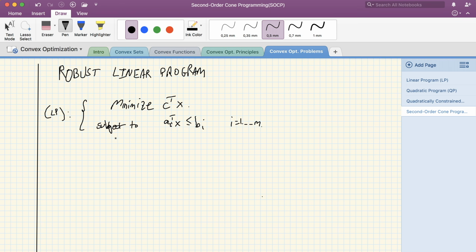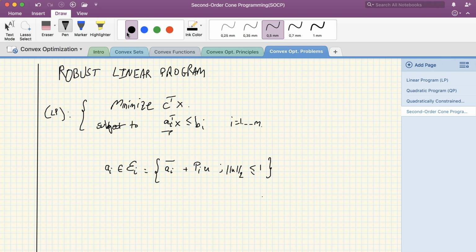But in some applications, you don't have direct access to aᵢ. That is to say, the vectors aᵢ, so a1 down to am, are known up to some certain inaccuracy or some uncertainty. One way to model this inaccuracy is by saying that aᵢ lies in an ellipsoid, Eᵢ, where this ellipsoid is centered at a certain center āᵢ plus a matrix Pᵢ times a u of norm less than 1.